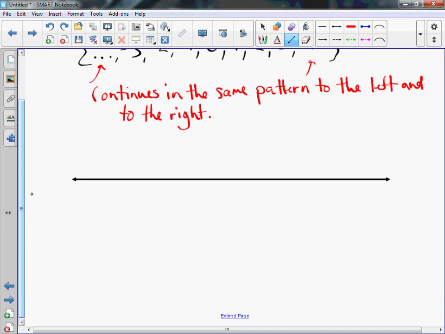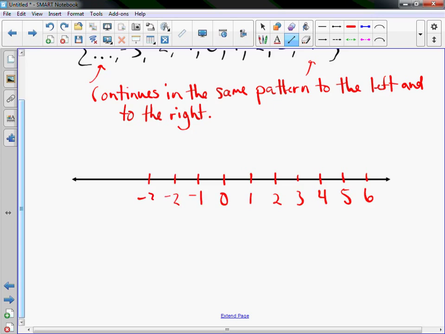If we were going to write the set of integers, we might write it something like this. Put the number line on there first, and we'll get the negative 6 on here to make it evened up.